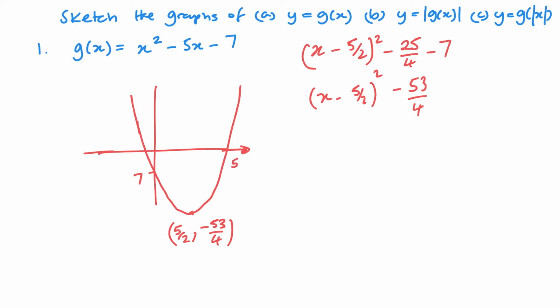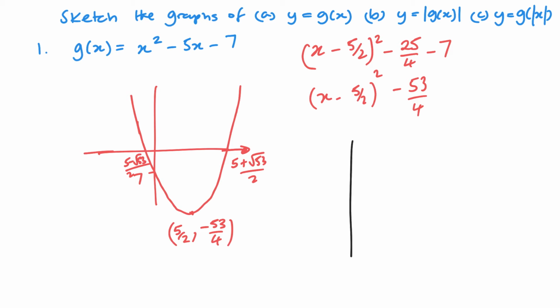And these values would be 5 plus root 53 over 2 and 5 minus root 53 over 2. Or you could put them in as decimals.